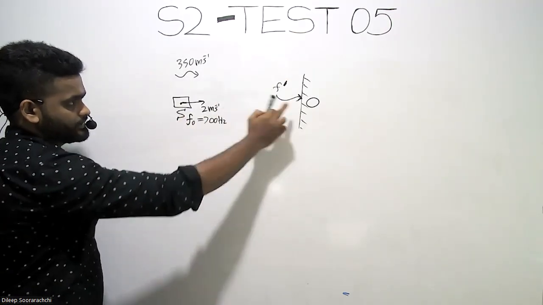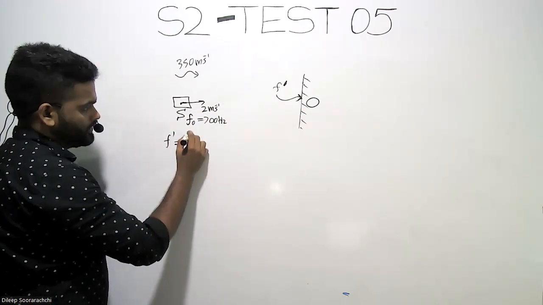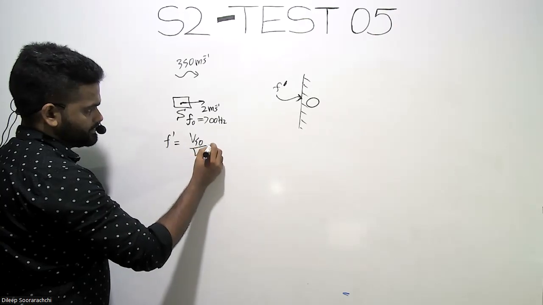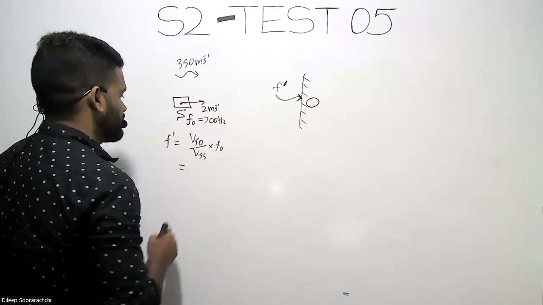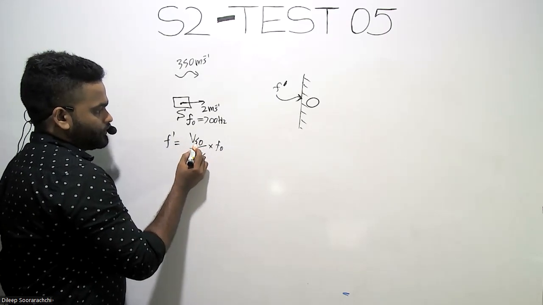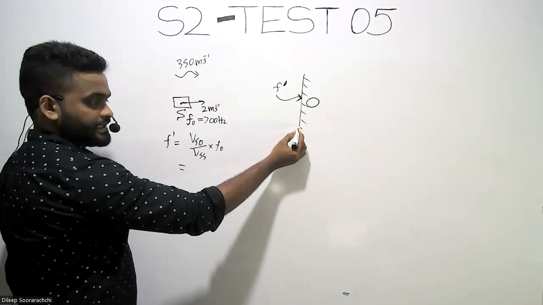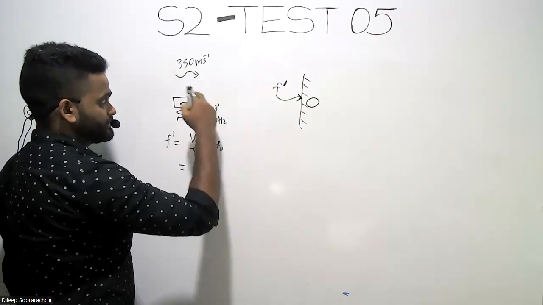Right. First I'll calculate f dash. So this is the source, this is the observer. V minus V_O, V minus V_S, f naught. The sound velocity relative to the observer: the observer, that is the wall, is at rest, so the sound velocity is just going to be 350.